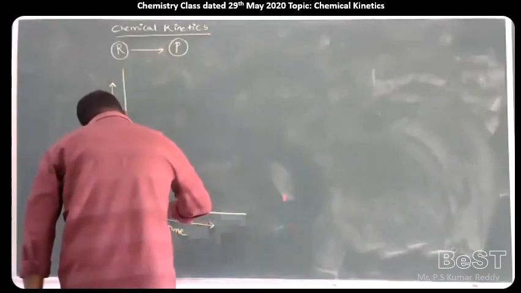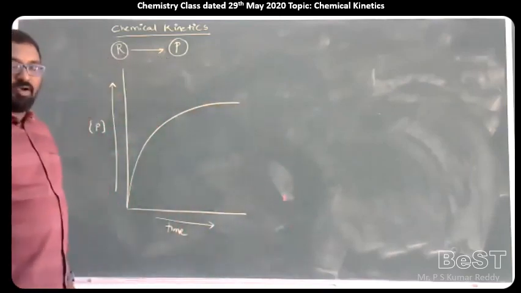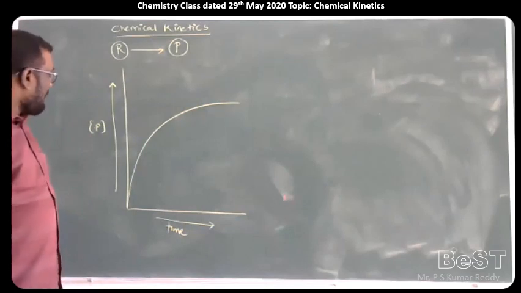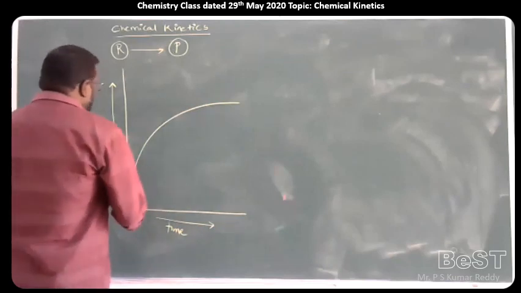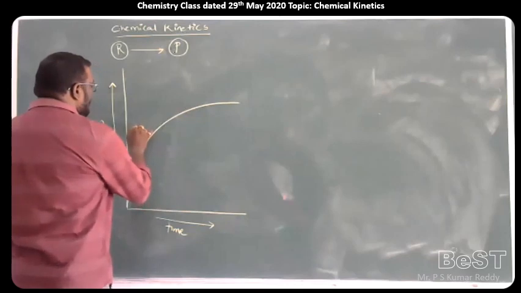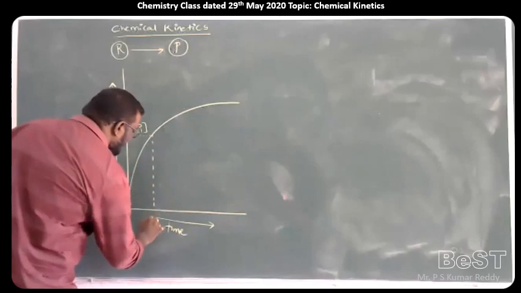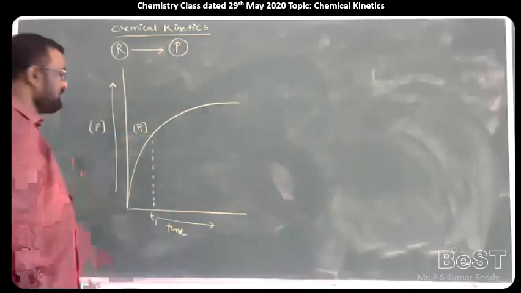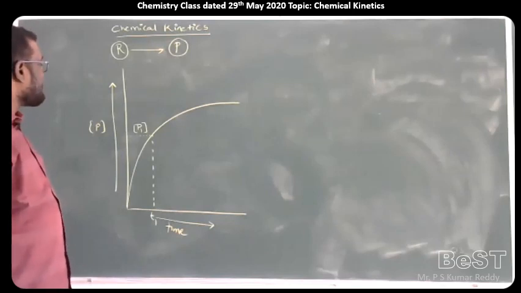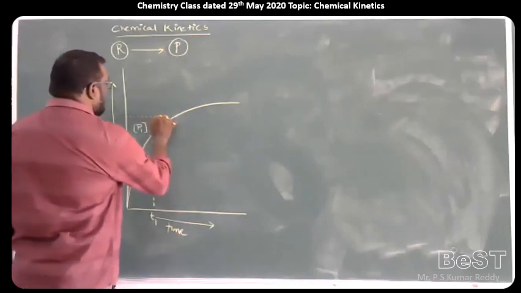You can see the concentration of the products goes on increasing here. Now, let us think that this is the concentration of the product P1 when the time is T1. At T1 time, let the concentration of the product be P1.